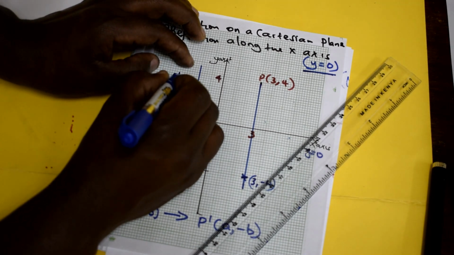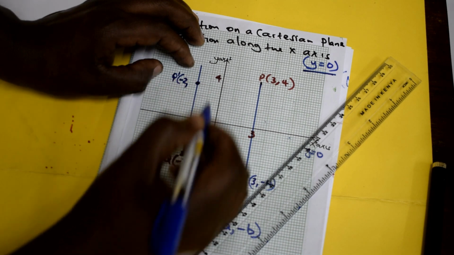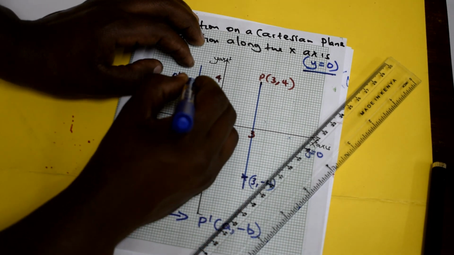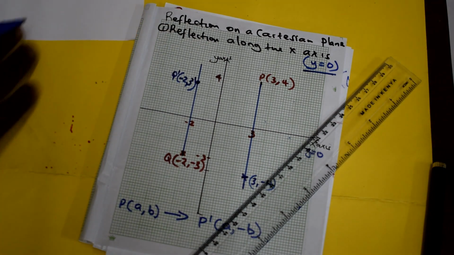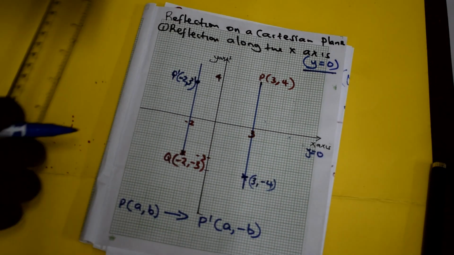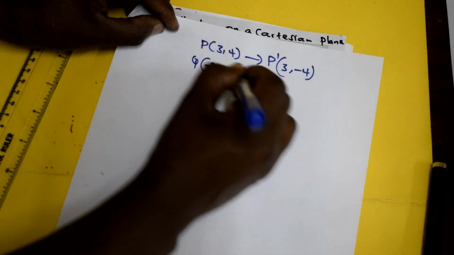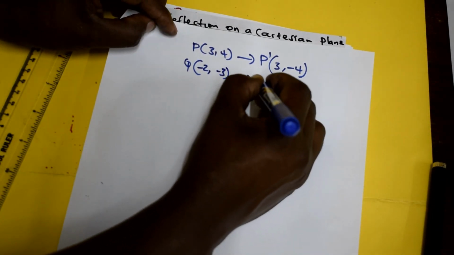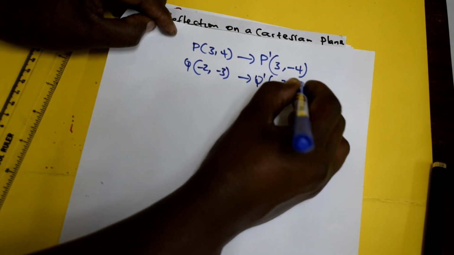So this point Q prime will give us (-2, 3). So with this now, we can see (-2, -3). Then we have our image Q prime as (-2, 3).